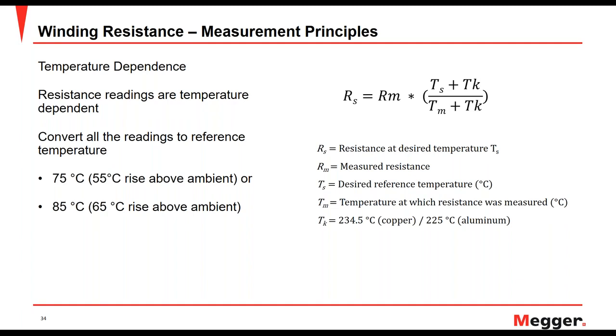So for transformers that have a rating of 55 degrees C rise above ambient, all the readings are converted to 75 degrees C. Similarly, if a transformer has a 65 degrees C rise above ambient, those readings are corrected to 85 degrees C. And you can see here that the resistance desired at a particular temperature is affected by the reference temperature and the temperature at which the original measurement was made, and of course by the type of your winding material.